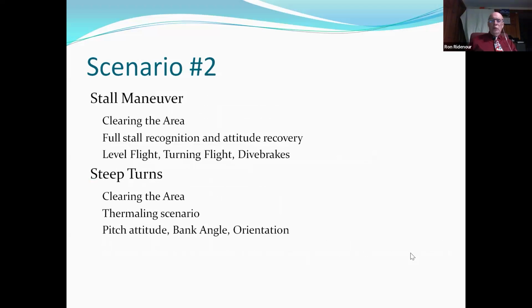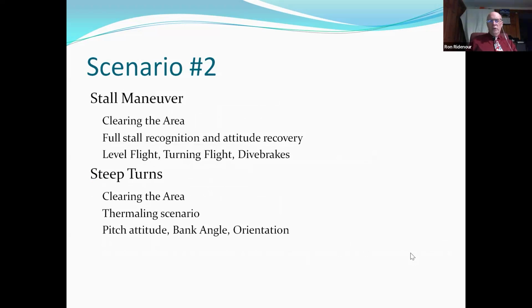Scenario number 2, stall maneuver. Obviously, one more time, clear the area. If we look at the airplane ACS, Airman Certification Standards, the number one item in every skill is to clear the area for the maneuver.